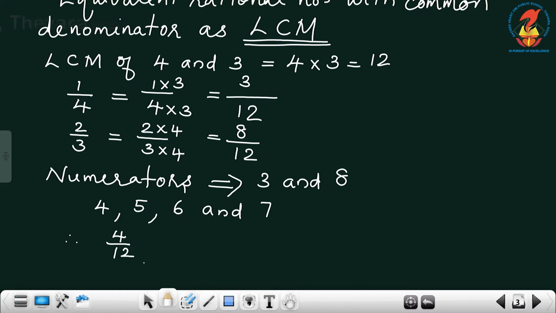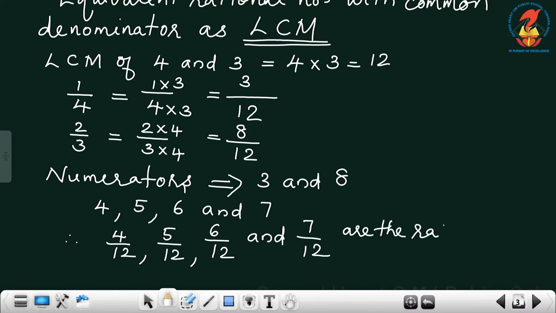4 by 12, 5 by 12, 6 by 12 and 7 by 12 are the rational numbers between 1 by 4 and 2 by 3.